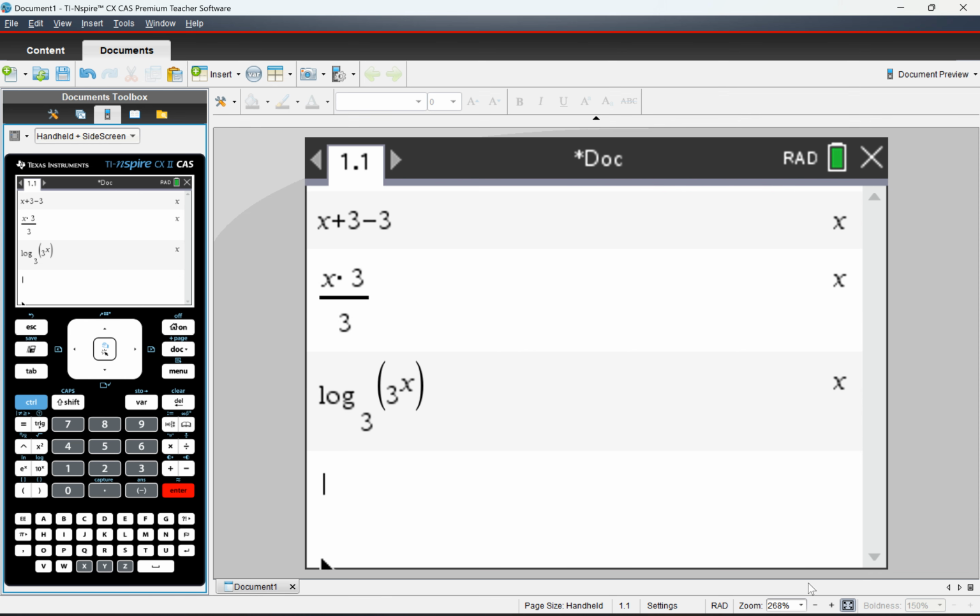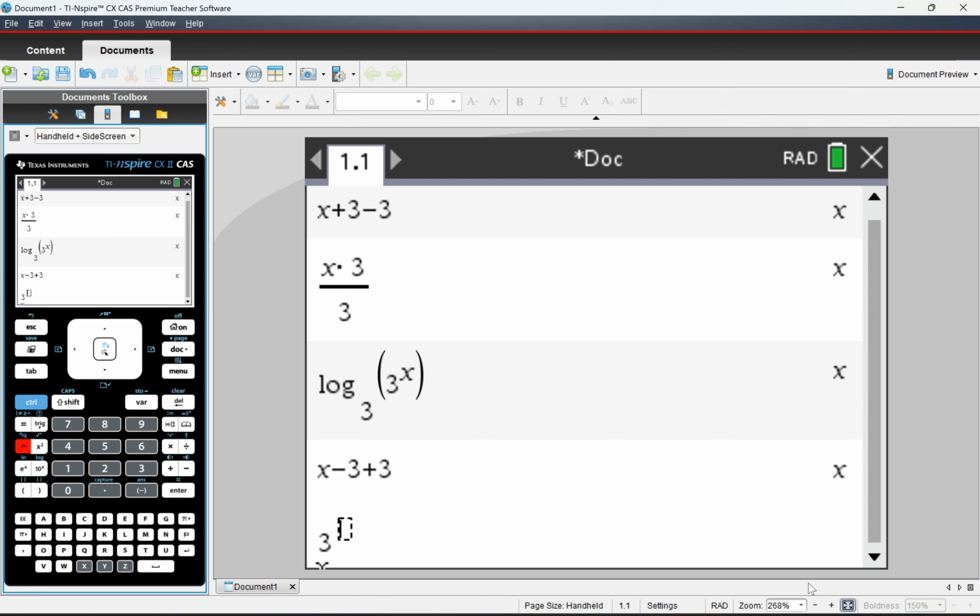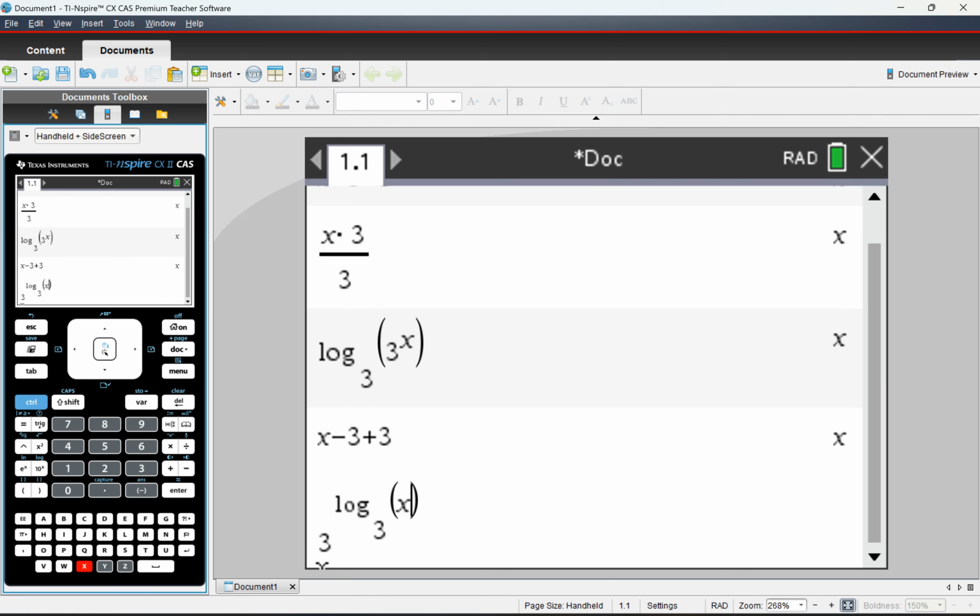So these two cancel out. But the reverse also happens. If you can do x plus 3 minus 3, you can also do x minus 3 plus 3. So you can minus first, then add, and it'd still be the same. So for exponentials and logs, you can also swap it around. You can also do 3 to the power of log base 3 of x.